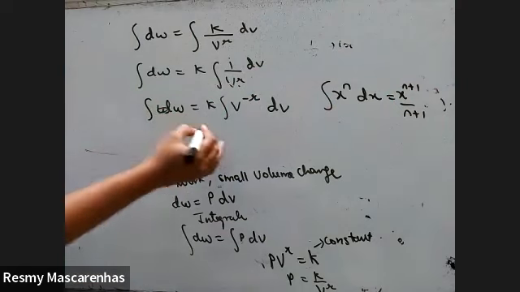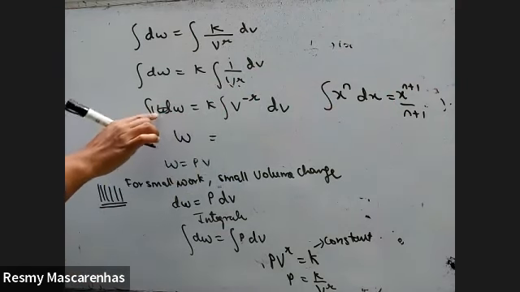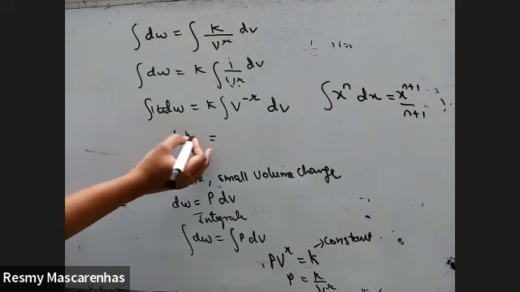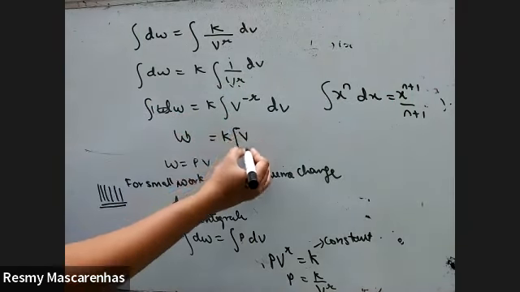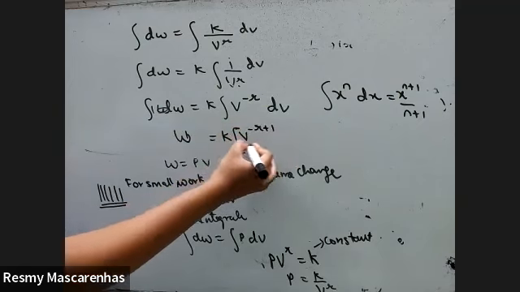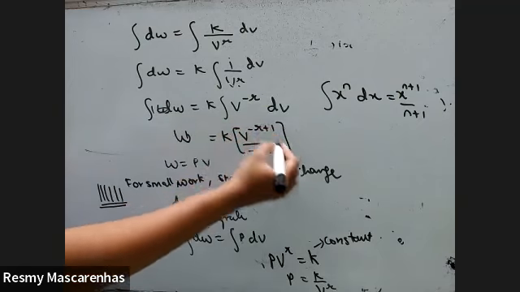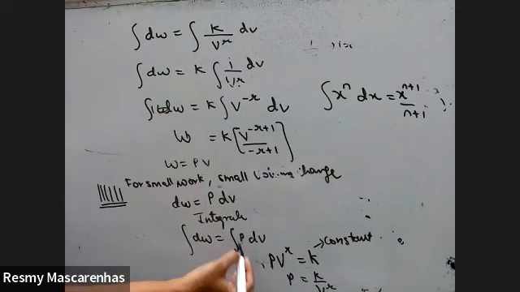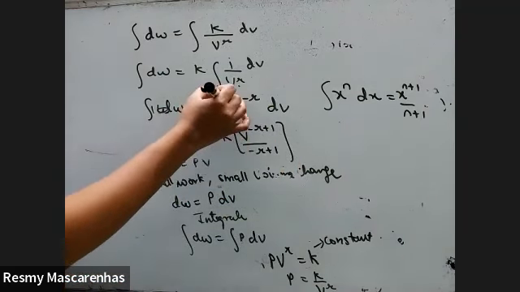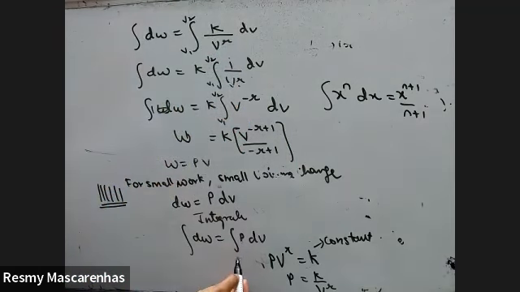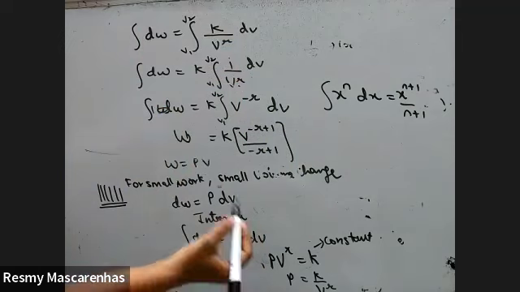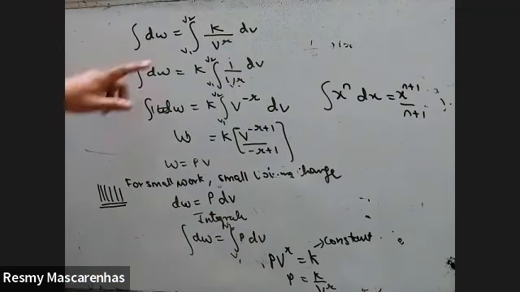So as per the formula, the integral of 1 with respect to W will be W. Now as per the formula, this will be V raised to n plus 1 upon n plus 1. The change is from one volume to another volume. Everywhere we just put V1 to V2. Volume is changing from V1 till V2.